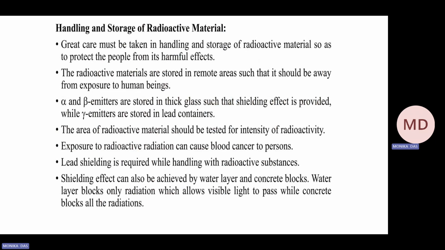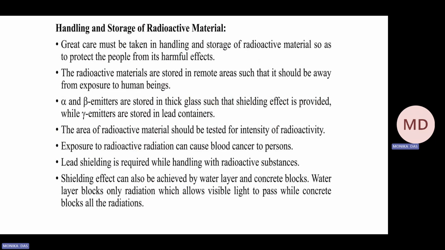The radioactive material is stored in a remote area, away from exposure to human beings. Alpha and beta emitters are stored in thick glass so that a shielding effect is provided, while gamma emitters are stored in lead containers. The area of radioactive material should be tested with more intensity for radioactivity.